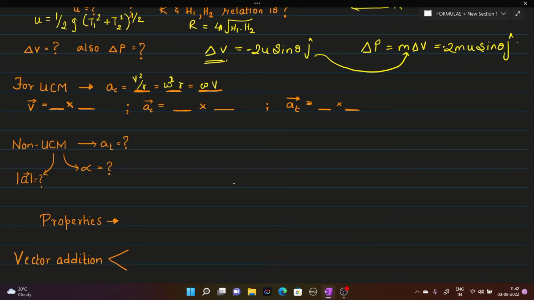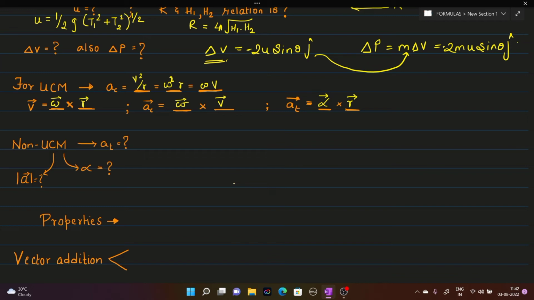Omega is angular velocity and v is actual velocity. The v vector can also be written as omega vector cross r vector. Centripetal acceleration can be written as omega vector cross v vector. Tangential acceleration can be written as alpha vector cross r vector.